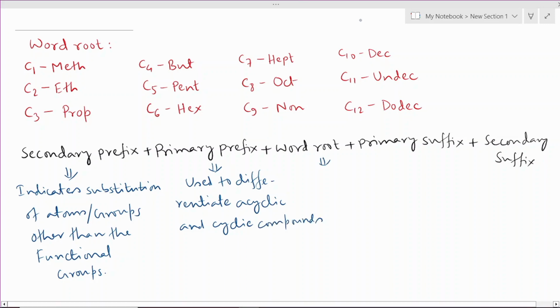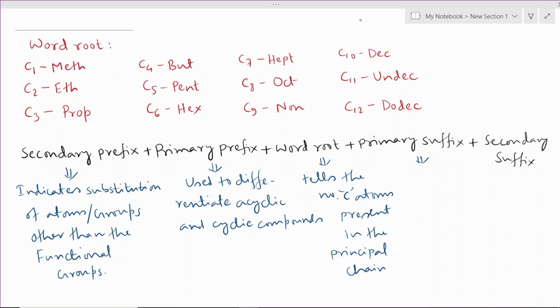And word root tells the number of carbon atoms present in the principal chain.